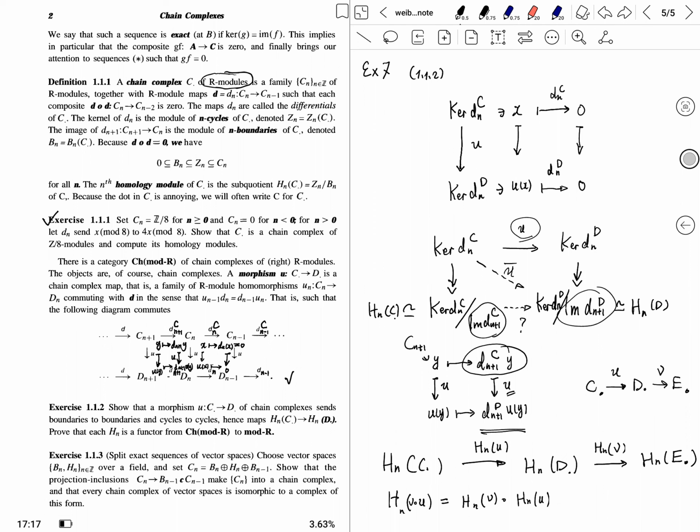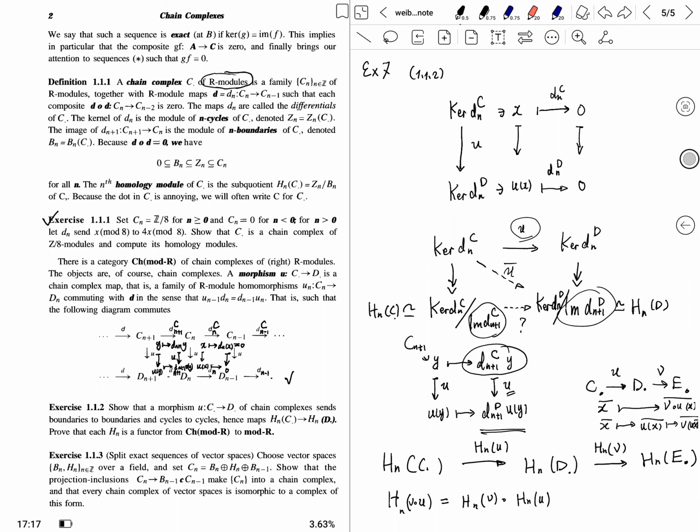This is basically saying that you have an x mapped to v composed with u of x bar, which is the same as first mapping to u x bar and then mapping to v of u x bar.